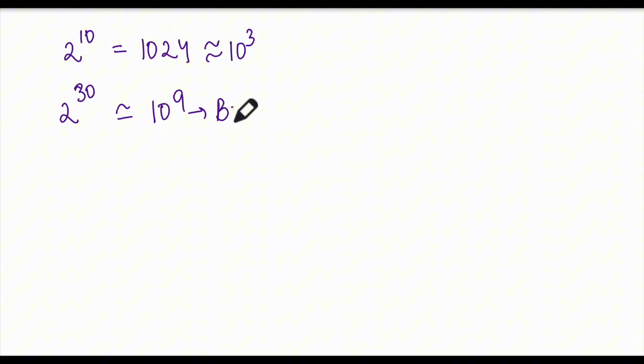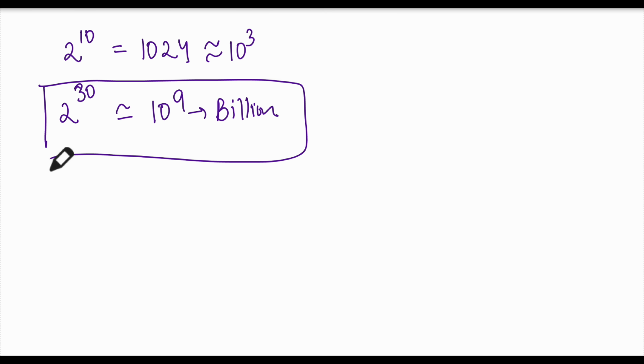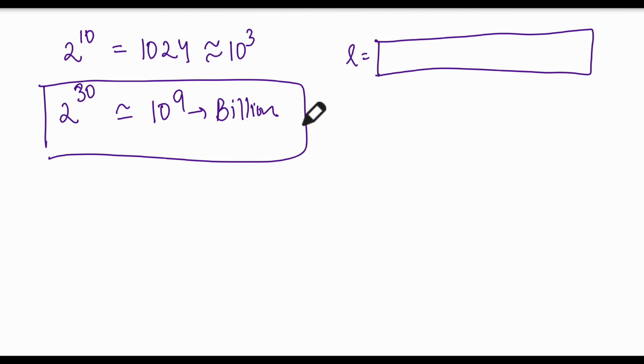So let's say you're given a list of a billion size, which has a billion inputs in it. To search for an element inside a billion-size list, you only require how many steps? 30 steps. So this is the power of log n, that it is very efficient even when you are searching big data sets.